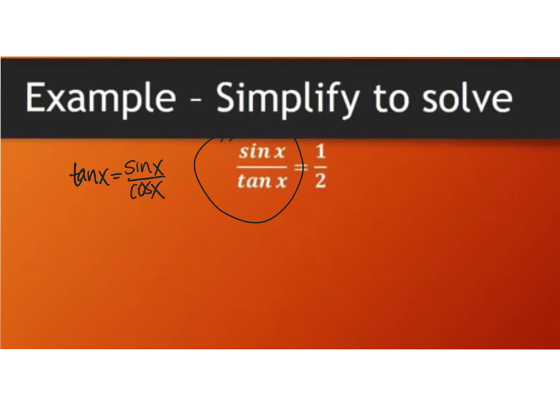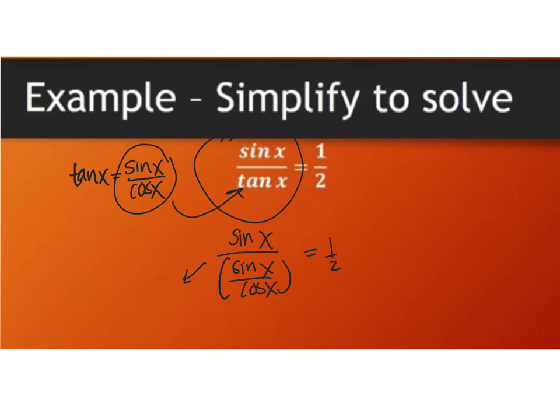One of the quotient identities we were given was tangent of x is equal to sine of x over cosine of x. So what we can do here is use substitution. Wherever we see tangent of x, we can replace it with sine of x over cosine of x. So now we would have sine of x over sine of x over cosine of x equals 1/2.